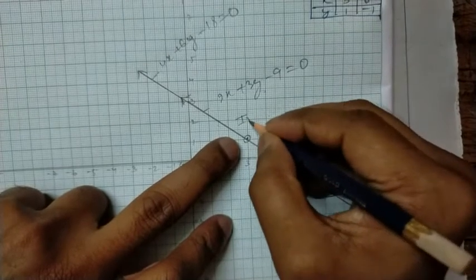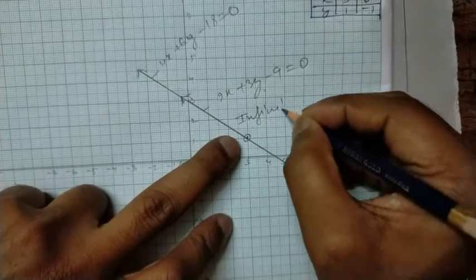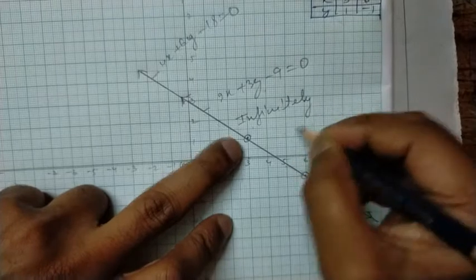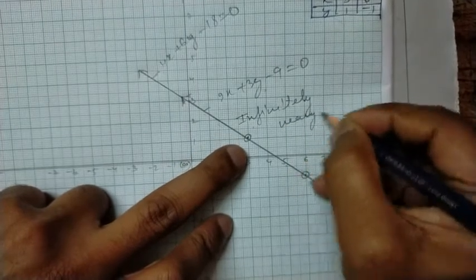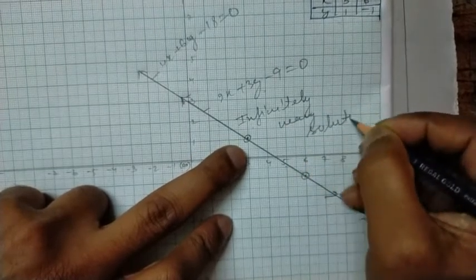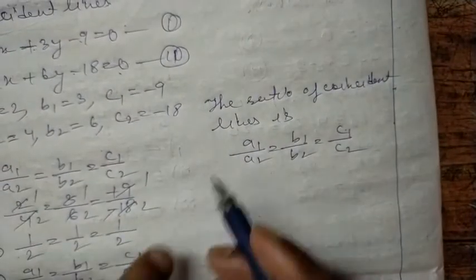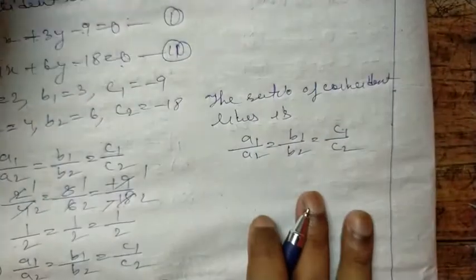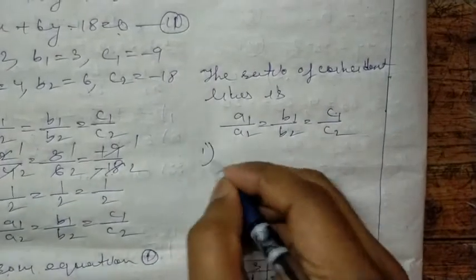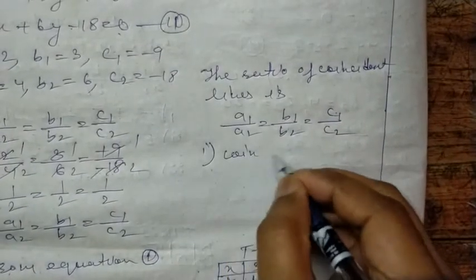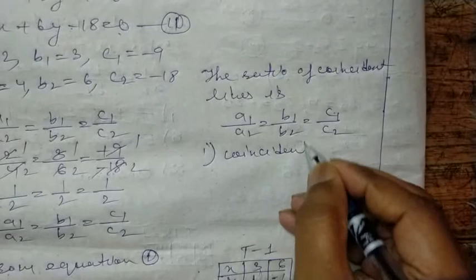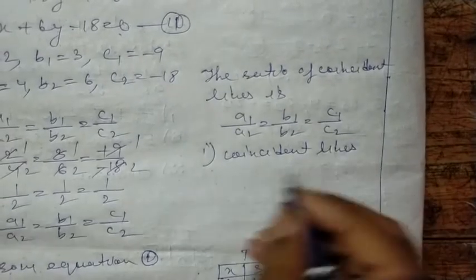Infinitely many solutions. So we can write this here. Number 1, it is a coincident line.